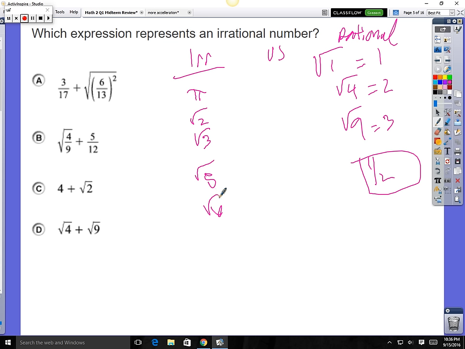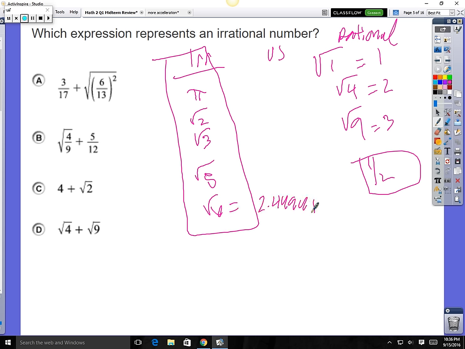So here we go. We're looking for irrational, so we're looking for these crazy numbers. We're looking for these decimals that if you try to show square root of 6 as a decimal, square root of 6 is between 2 and 3, and it's like 2.449489743.